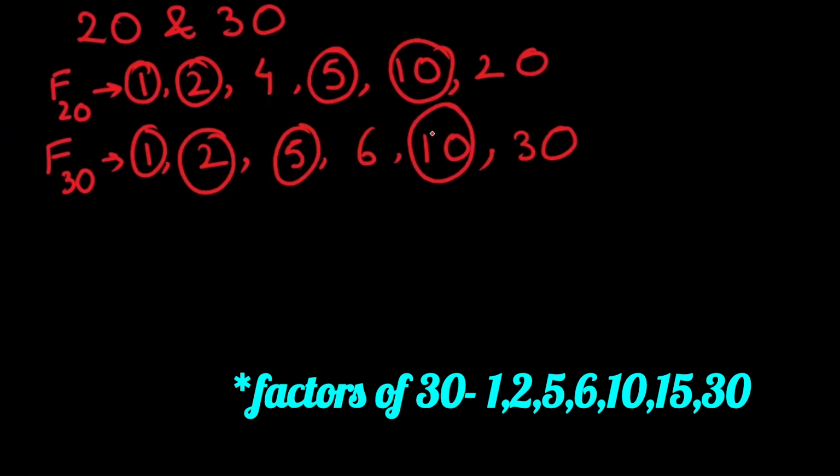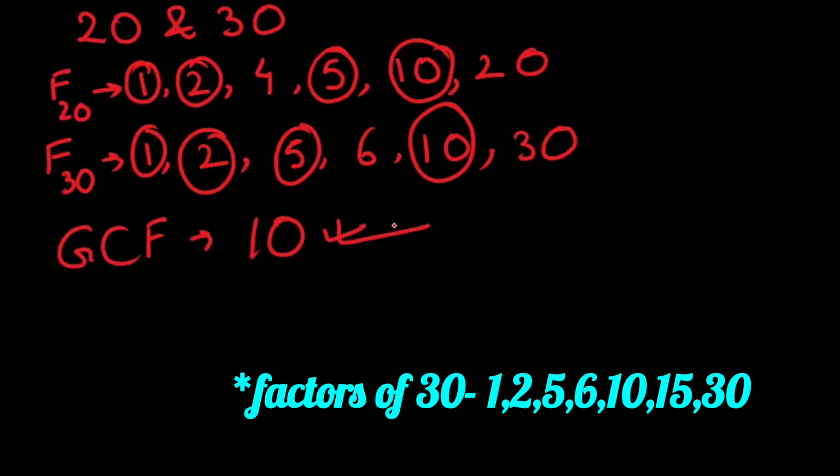Now after looking for all the common factors, what we have to look for next? Greatest common factor. So among the list of common factors, which is the greatest common factor? Is it 1, 2, 5 or 10? Obviously it's 10. So what is the GCF? It is 10. Comment below how many of you got the answer right.